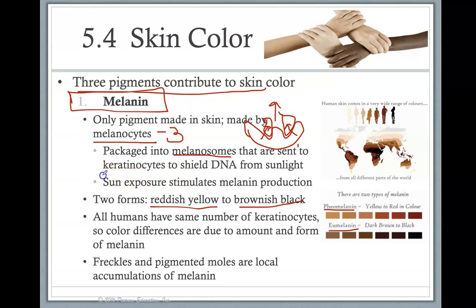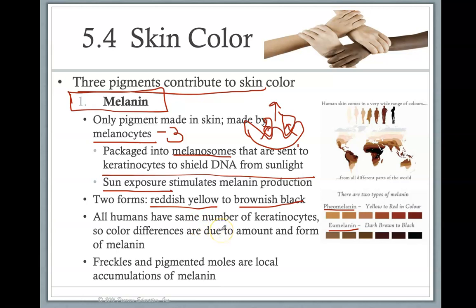So that melanin is important for helping to protect our DNA inside our cells from sunlight. And believe it or not, some of you probably noticed this in the summertime, the more sun exposure you have, it actually stimulates melanin production. So this is why you're like, oh, I got really tan this summer, okay? So just being outside more is actually going to stimulate more melanin production.